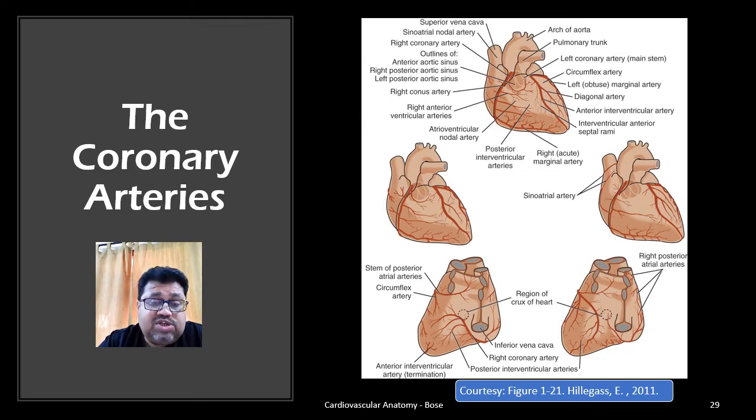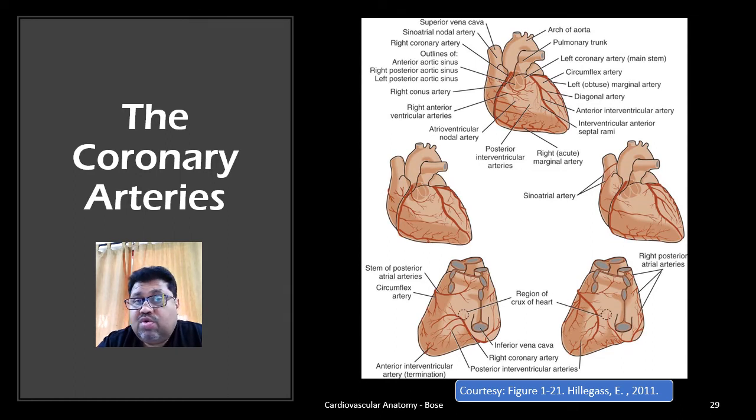The termination of the circumflex artery is just short of the junction of the right coronary artery and the posterior interventricular arteries. In many cases, as the circumflex artery crosses the left margin of the heart, it gives off a large branch that supplies this area, the left marginal or obtuse artery.